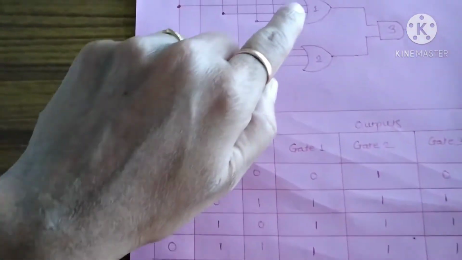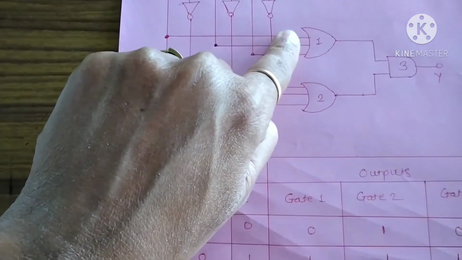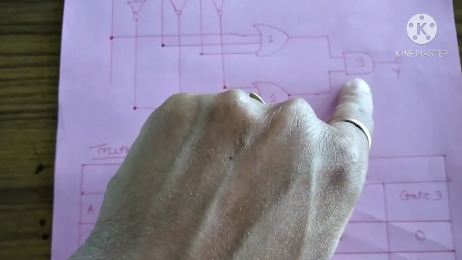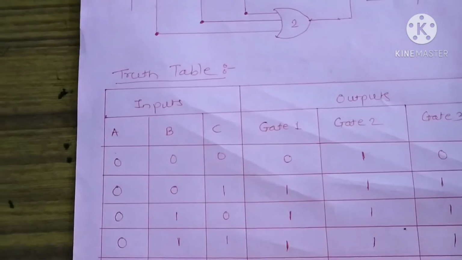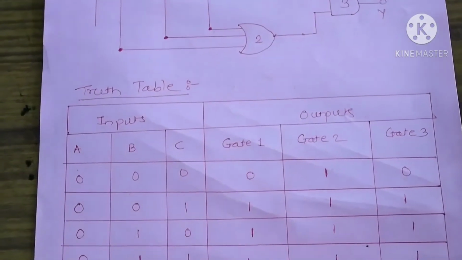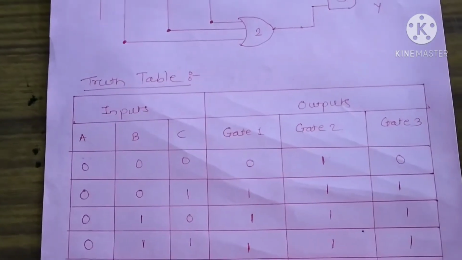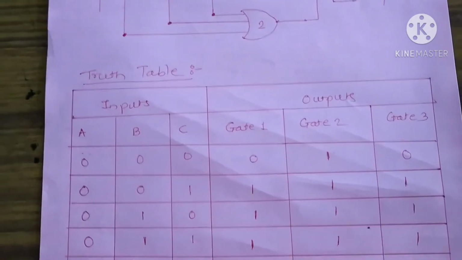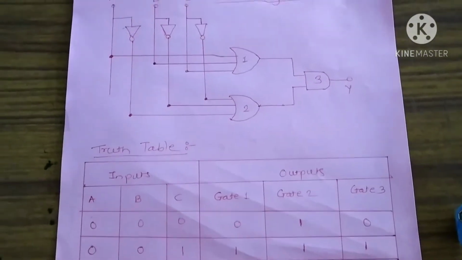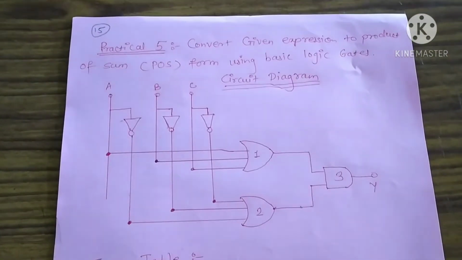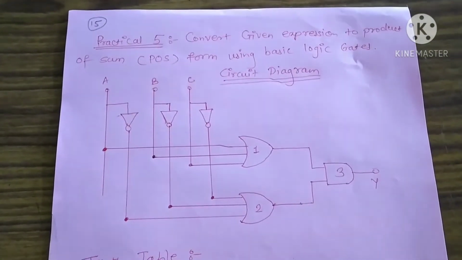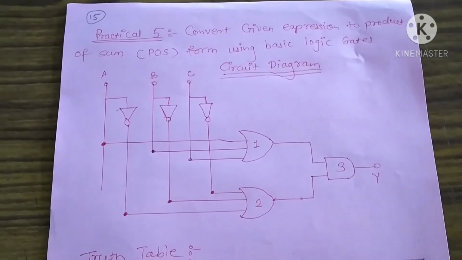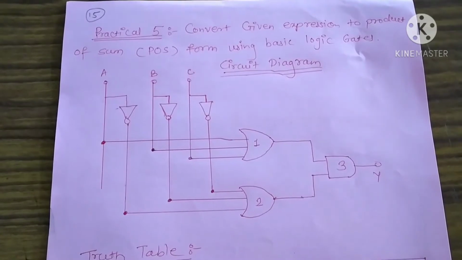Gate 1 output is OR gate 1, gate 2 output is OR gate 2 and gate 3 output is AND gate output. So in this practical we have to see all these 3 gate outputs which we will verify on the LEDs. So once again, this practical is categorized into 2 parts. First is a circuit diagram we have to implement on breadboard, and then we have to verify the truth table.